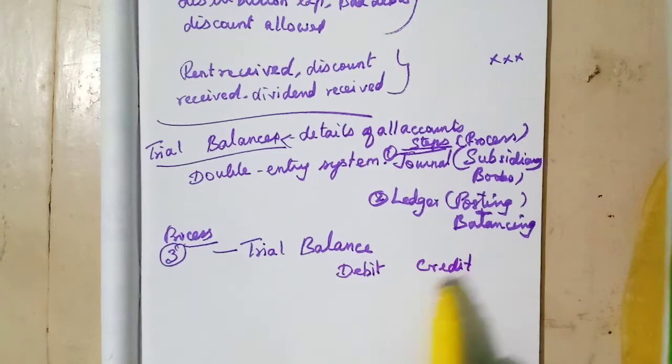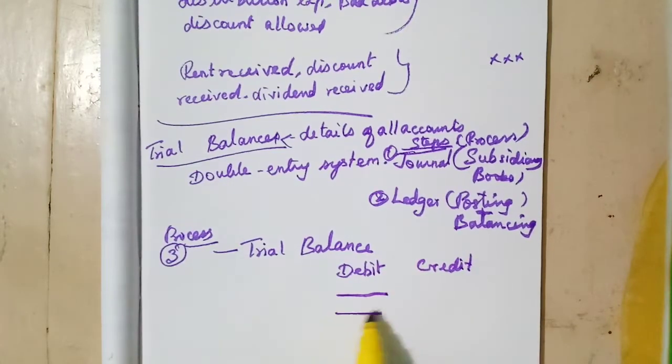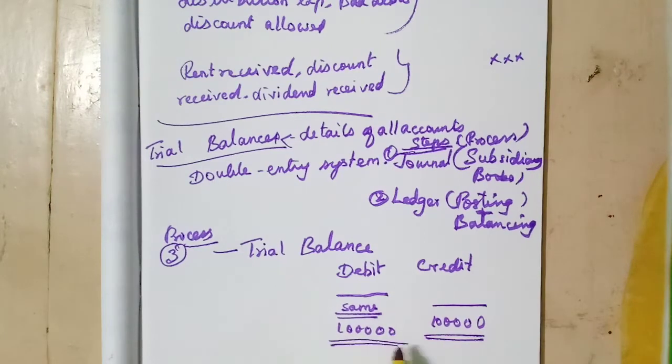Both amount columns will be the same. When you add, you get the same amount. Here if it is 1 lakh, here also we will get 1 lakh. So we can conclude our calculation is correct.